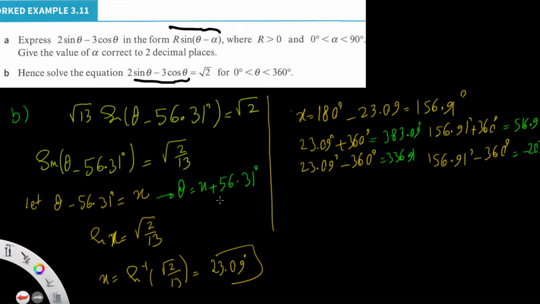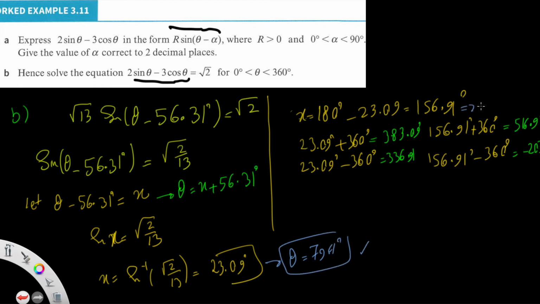So theta is x plus 56.31. So here theta will be 23.09 plus 56.31, which is 79.4, which is acceptable.